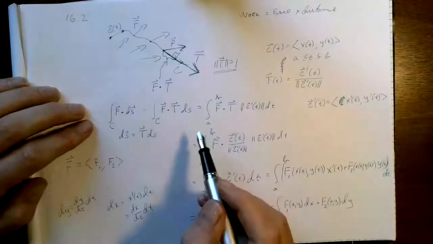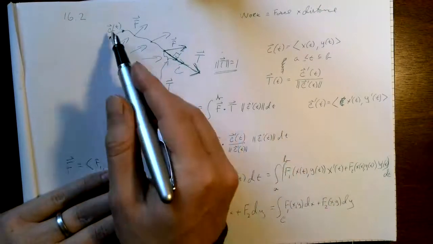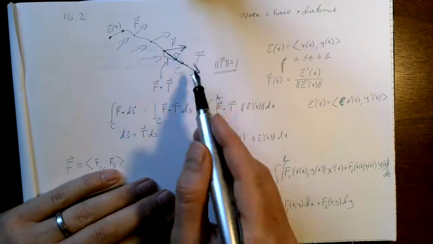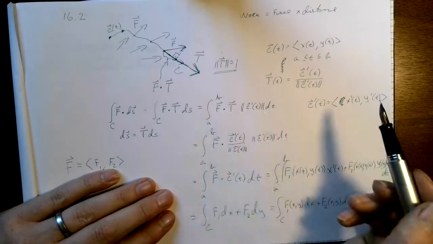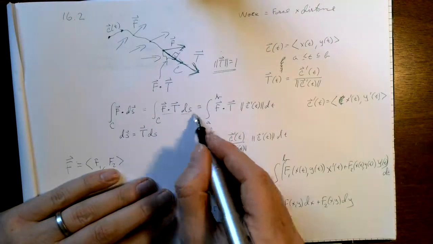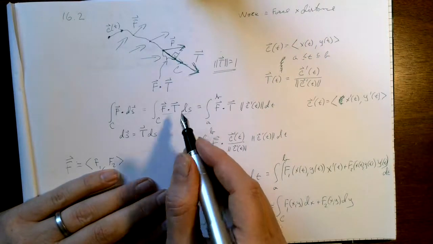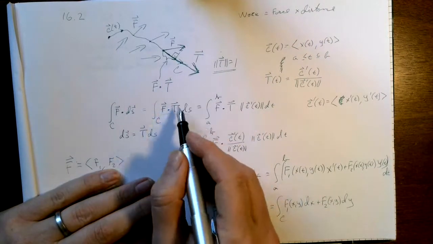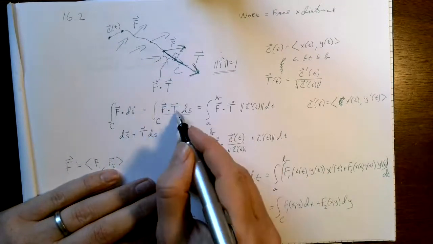Something that I didn't quite mention is that this does depend on which direction we're traveling, right? It doesn't really depend on the speed, because it's really force times distance, so the speed along which we're traveling doesn't come into this formula, but the direction does.